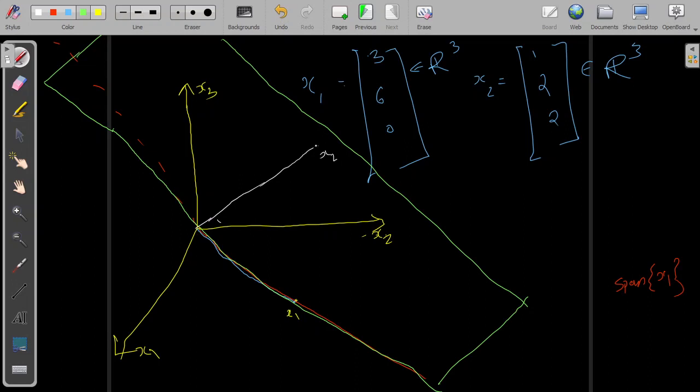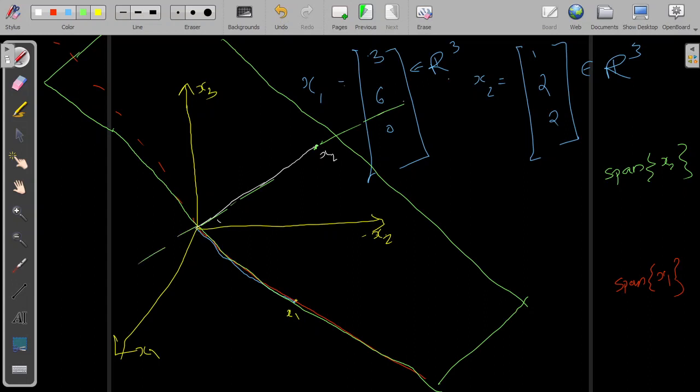That means the span of x2 will be a straight line, again passing through the origin.